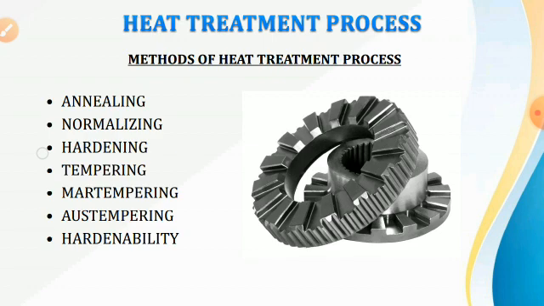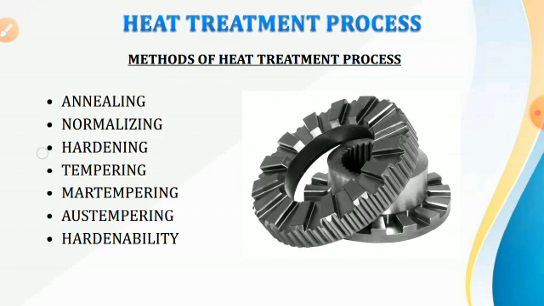In these seven types of heat treatment process, the heating and cooling of the metals are not the same. It is different for all the types of heat treatment, because in annealing, as compared to another heat treatment process, the heating temperature of the metal is different, as well as the cooling method.